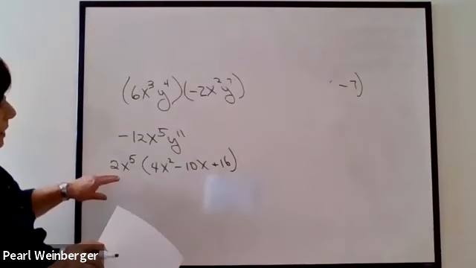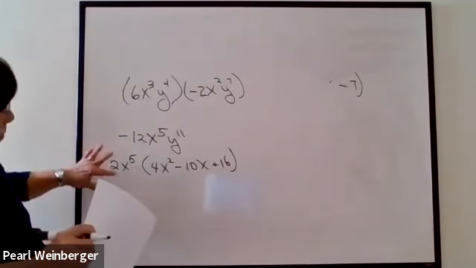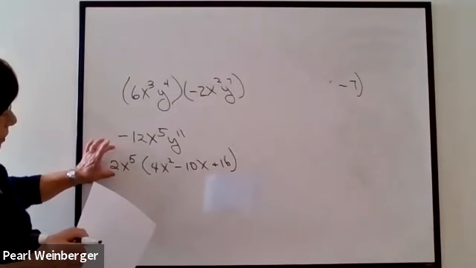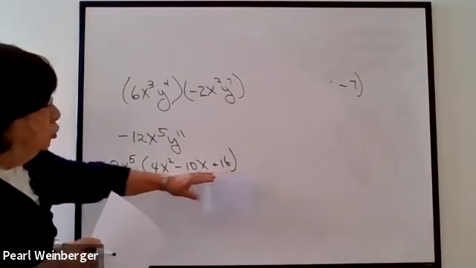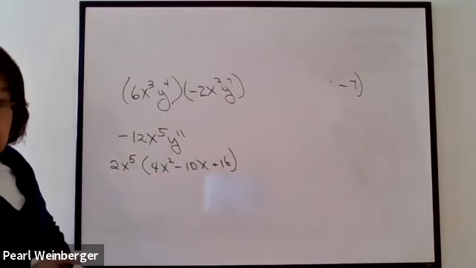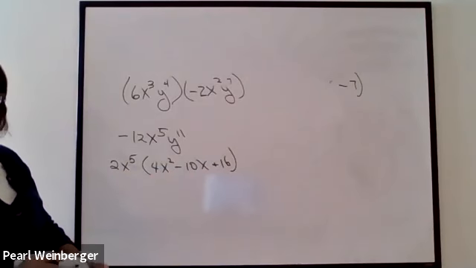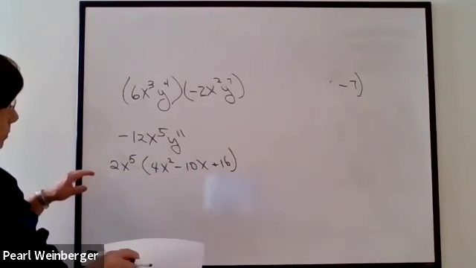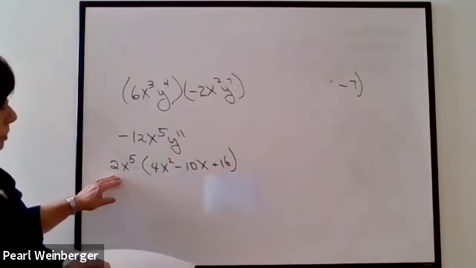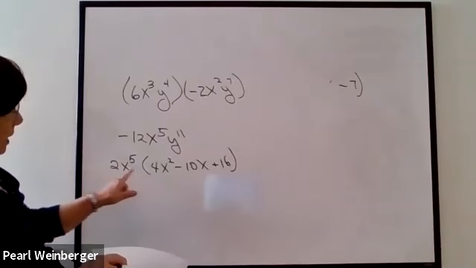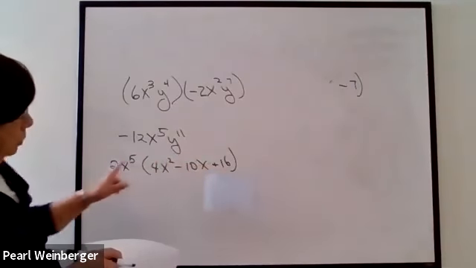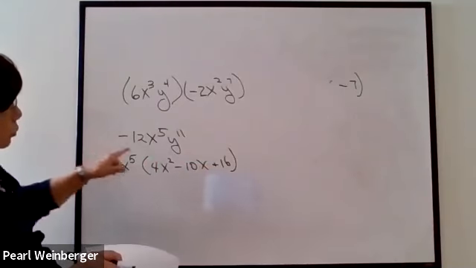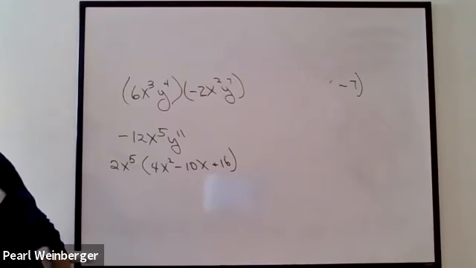This happens to be a monomial, 2x to the fifth, times a trinomial. There are three terms here. And I think everybody's going to remember that what you do is you just use the distributive property. You're going to take each term in your trinomial and multiply by this 2x to the fifth on the outside.